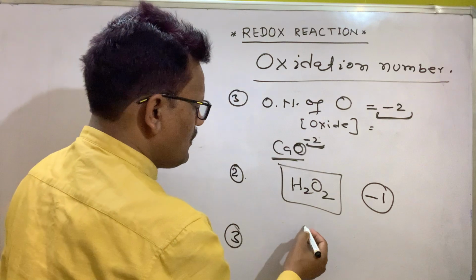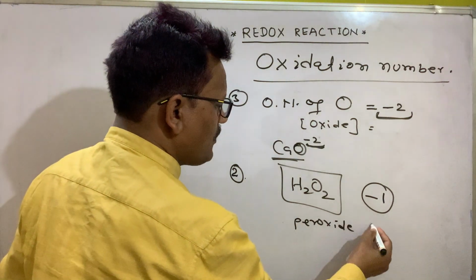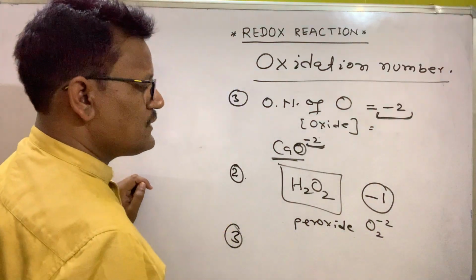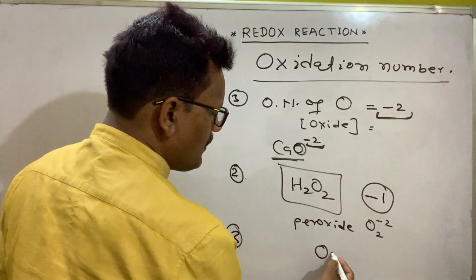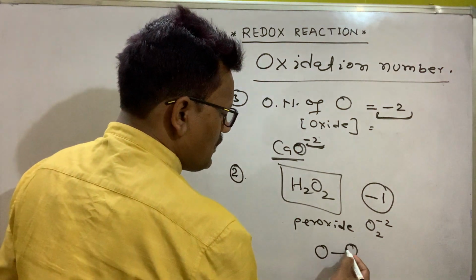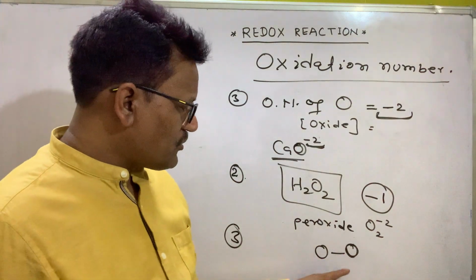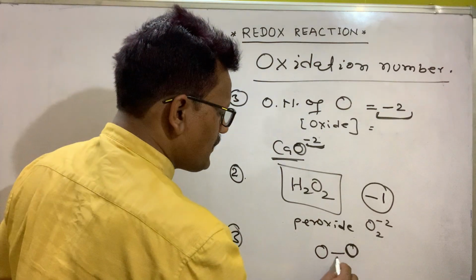Look here, peroxide ion is O2 -2. O2 has -2 charge. In peroxide, both of the oxygen atoms combine together to form a peroxide bond.